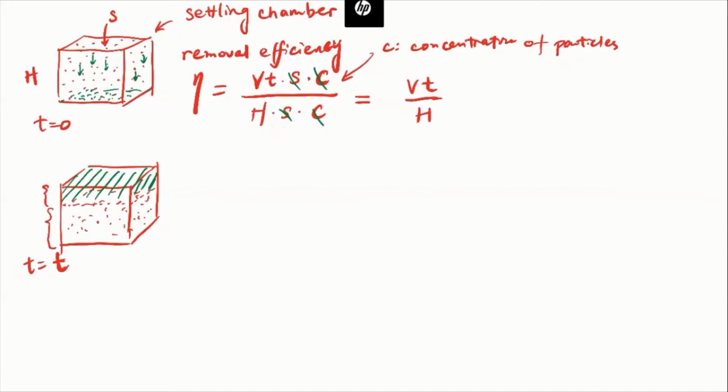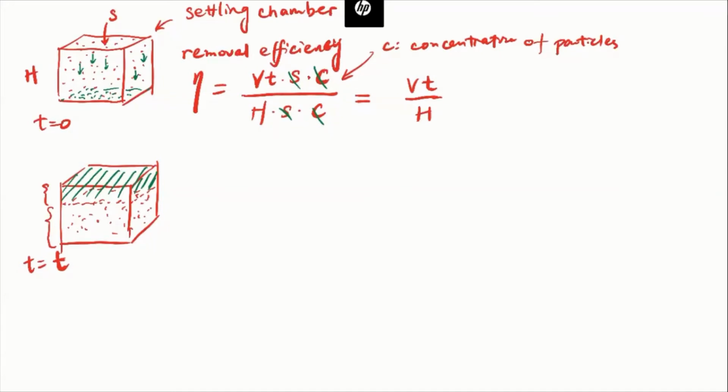Okay, so this is the particle removal efficiency in this settling chamber. It's related to the vertical velocity, or the settling velocity, of the particle, to how much time we have given the system, and to the height of this chamber. So how do we calculate this V? V is the terminal velocity. We can equate the gravity with the drag force.